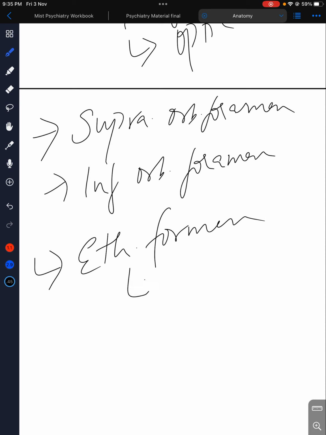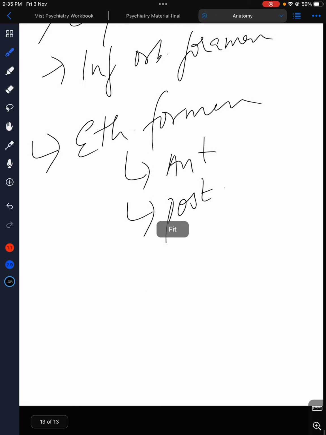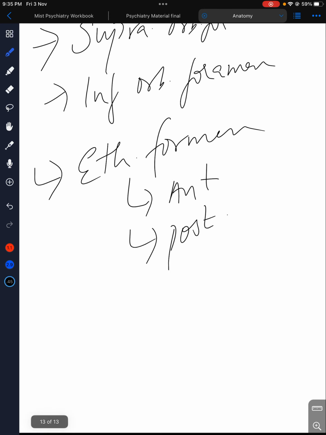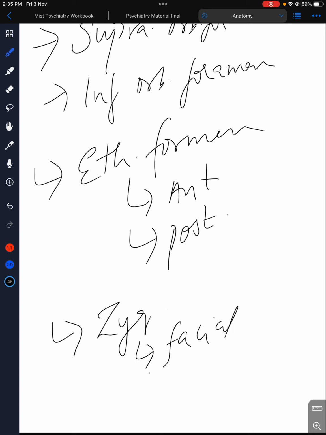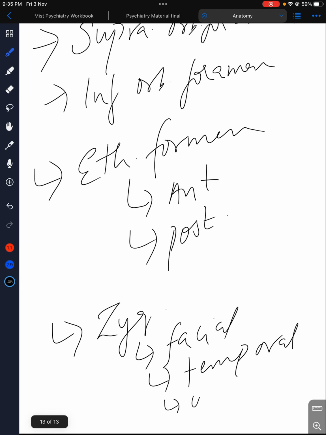So we have anterior and posterior ethmoidal foramens. And then in our zygomatic bone we have three foramens: the zygomaticofacial foramen, the zygomaticotemporal foramen and the zygomatico-orbital foramen.